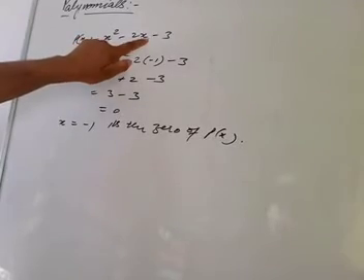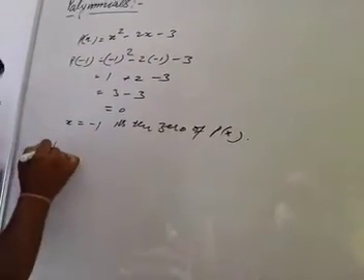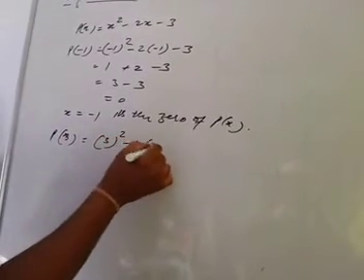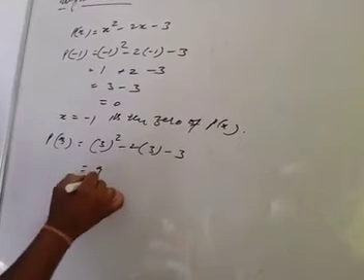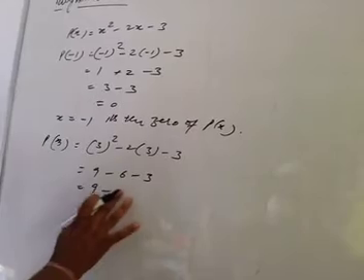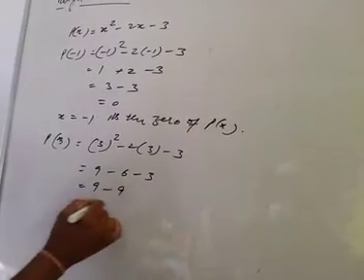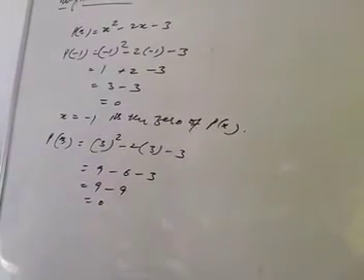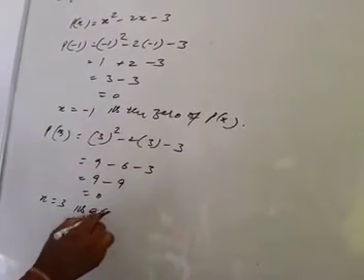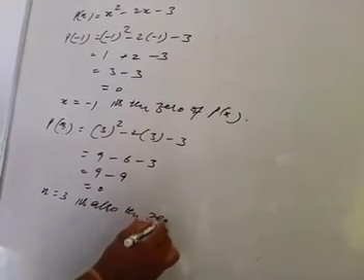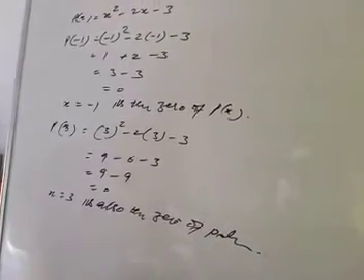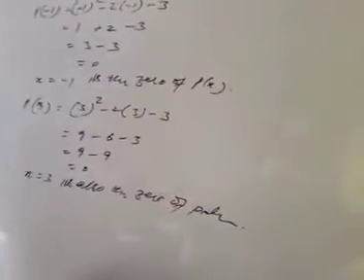Okay, so try at 3 and its square, -2 into 3 and -3, it will be 9 - 6 - 3, then 9 minus 9 equal to 0. So at x = 3 it is also 0, so x = 3 is also a 0 of the polynomial. Okay, so in this way you will find the zeros of a polynomial.